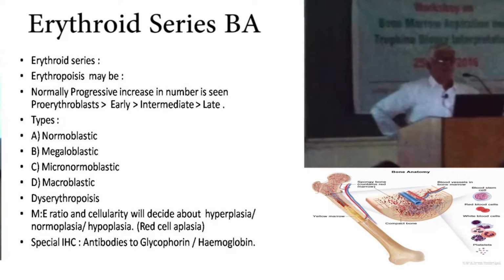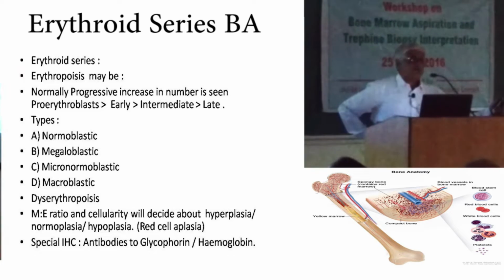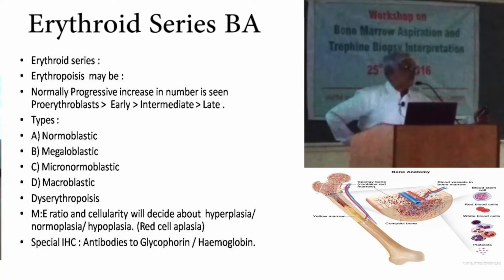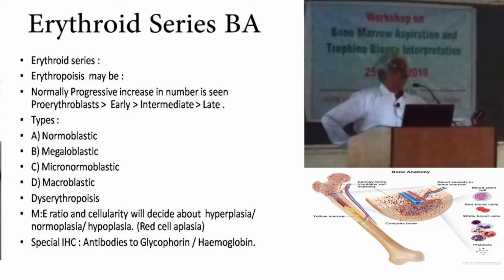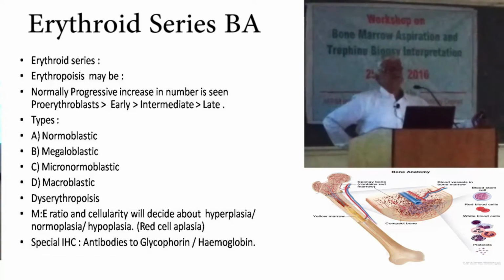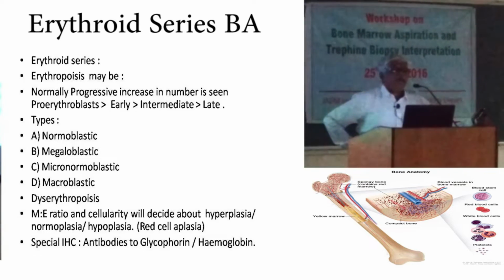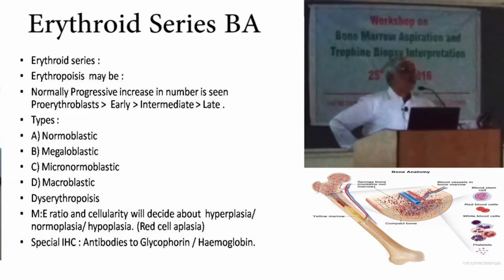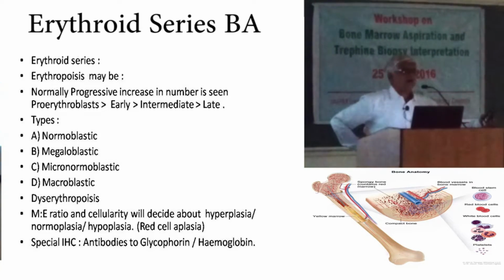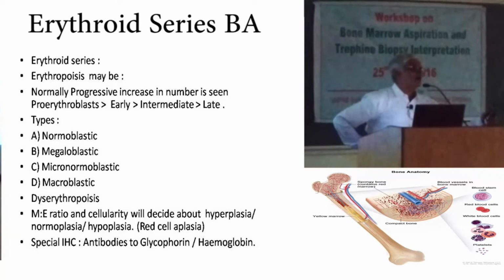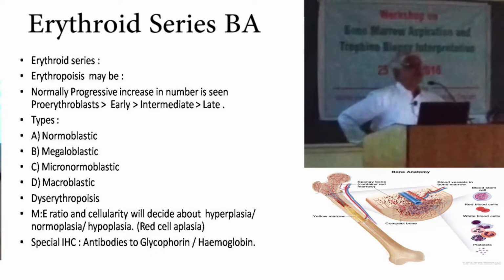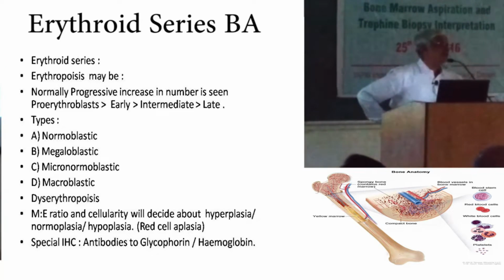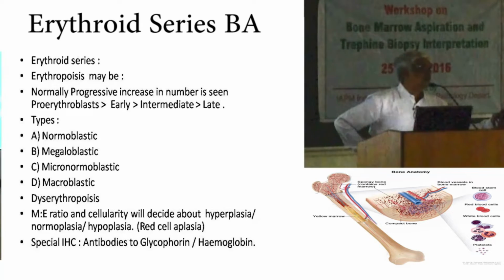The most problematic things are the macroblasts, because in MDS what they say is a megaloblastoid change. These macronormoblasts are larger in size and sometimes can be mistaken for lymphocytes or even myeloblasts. It is very difficult, that's what I have seen.